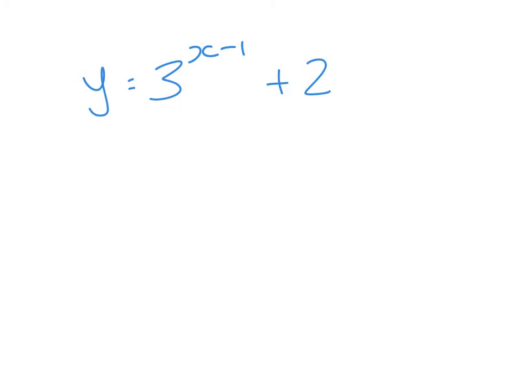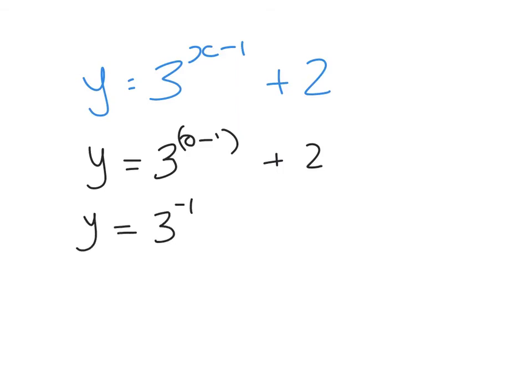Very good. So what we do is we fill in this equation with x being 0: 3 to the power of 0 take away 1, plus 2. So the y-axis intercept occurs when x is 0. y equals 3 to the power of negative 1 plus 2, because that's what 0 minus 1 is. At this point, we could put that into a calculator if we want to.